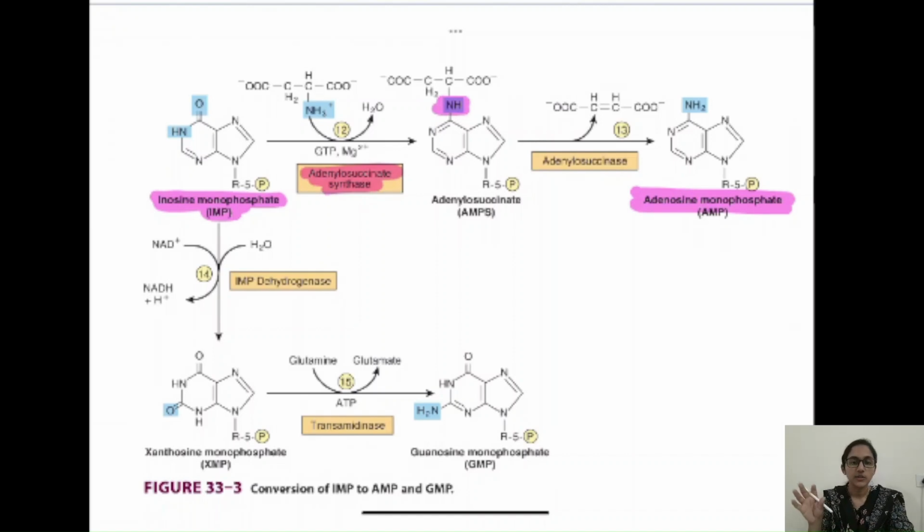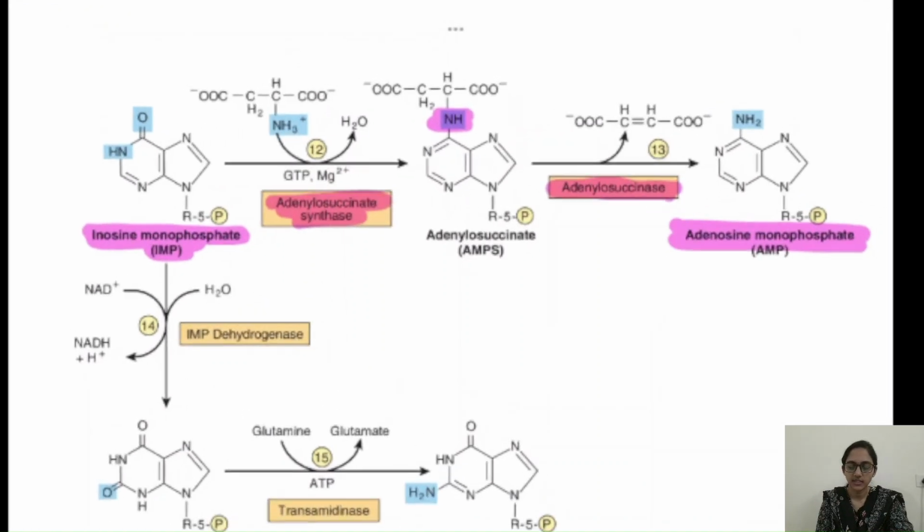So that is going to be the synthesis of adenosine monophosphate, in which the enzymes adenylosuccinate synthetase and then adenylosuccinate lyase are going to be involved here, right? So again, you will be adding one amino group, following which the adenosine monophosphate is formed.